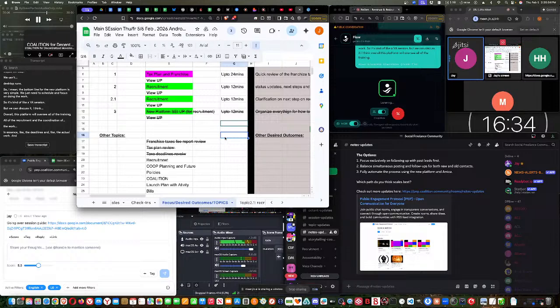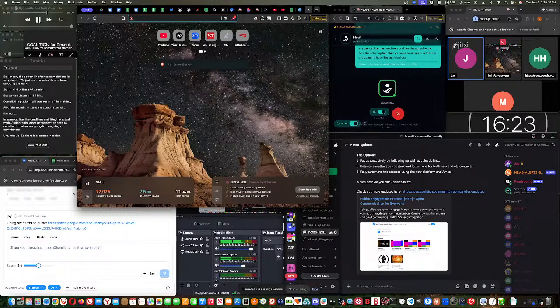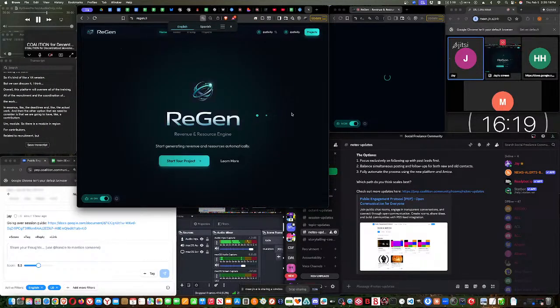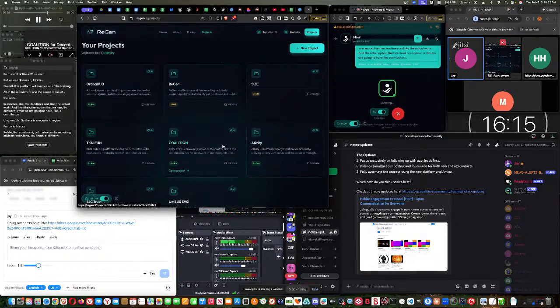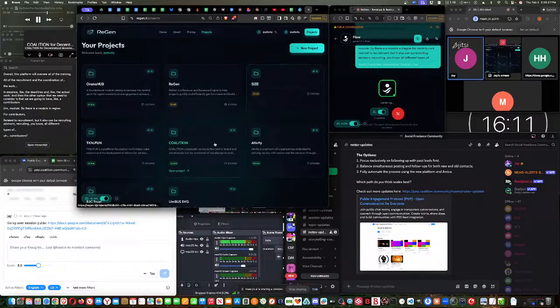And the other option that we need to consider is that we are going to have a contributors module. There is a module in Regen for contributors related to recruitment, but it can also be recruiting advisors, recruiting all different types of contributors supporting us.